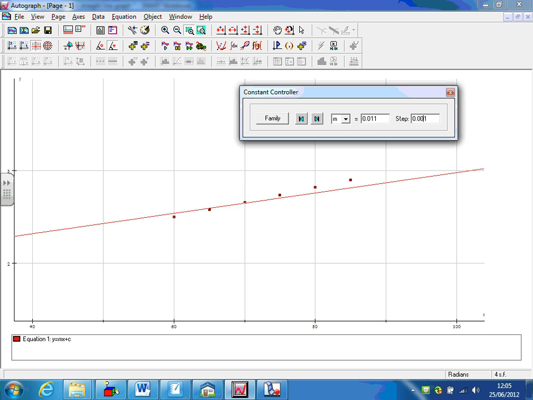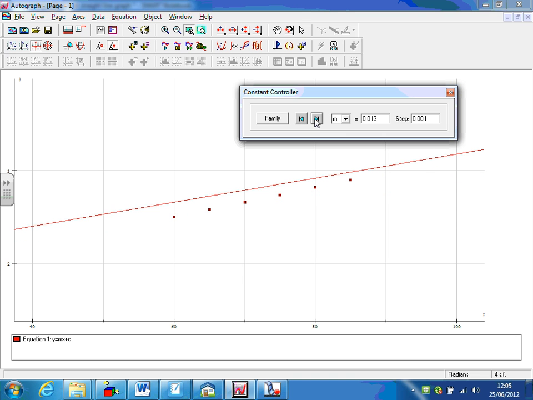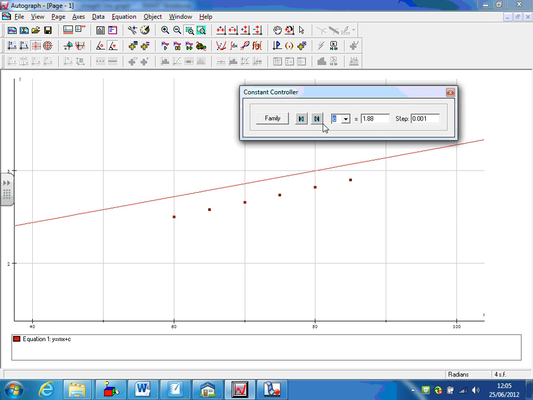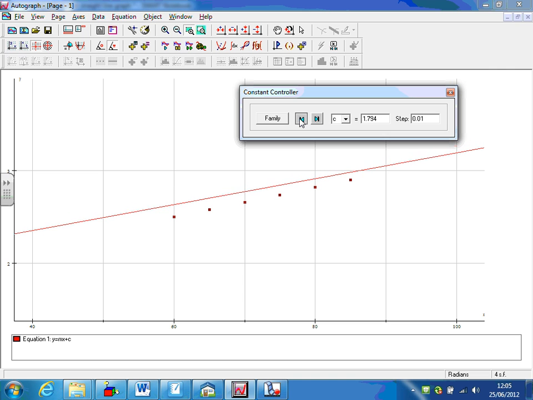Let's make the step size a bit smaller. I usually try and get the line roughly parallel with the data points, and then change c to bring the line down onto the data points. Changing too slowly, so let's change that to a bit bigger step size.